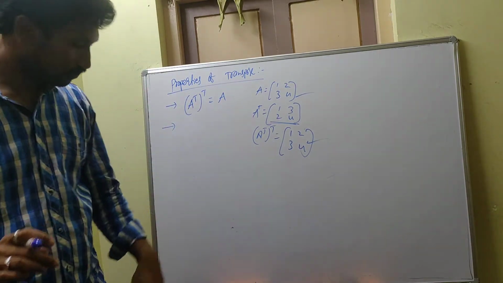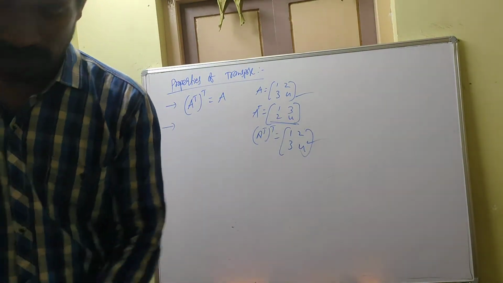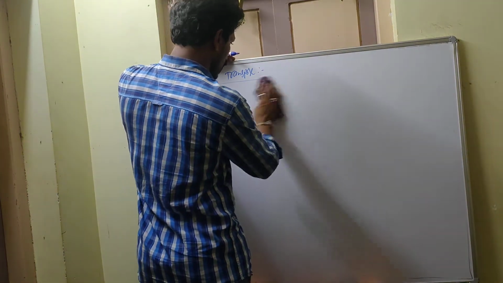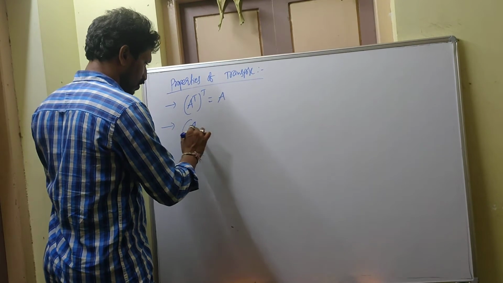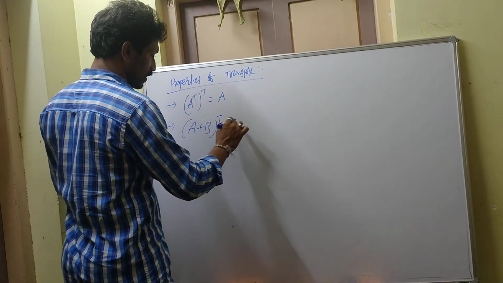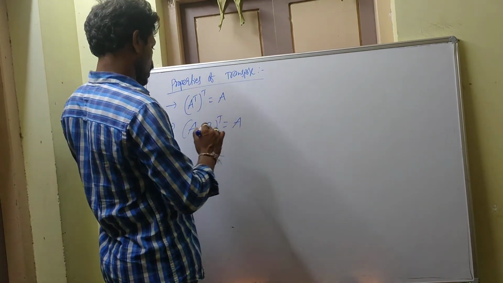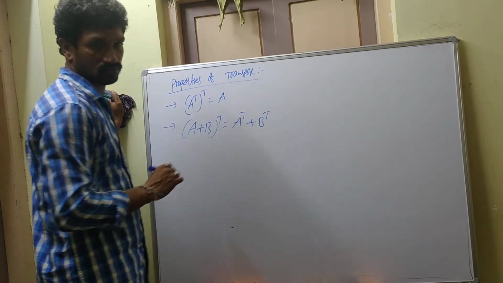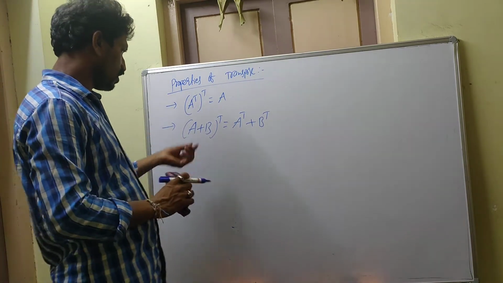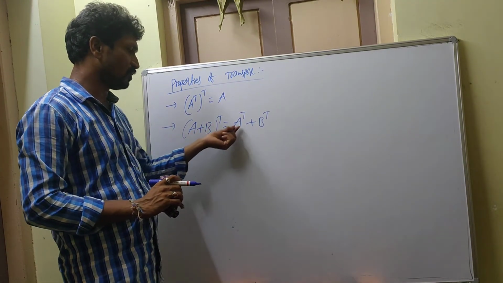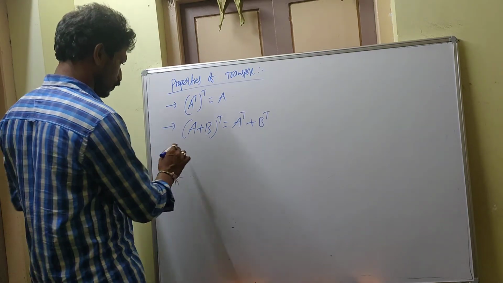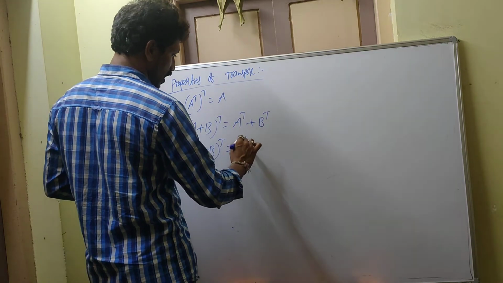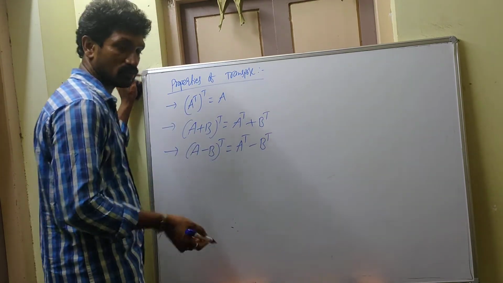Second one is A plus B whole transpose is equal to A transpose plus B transpose. Next one, A minus B whole transpose is A transpose minus B transpose.